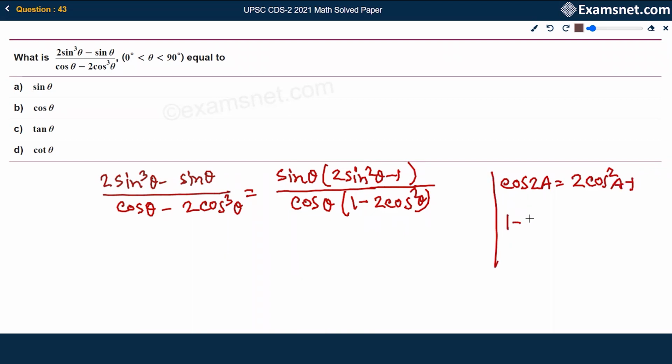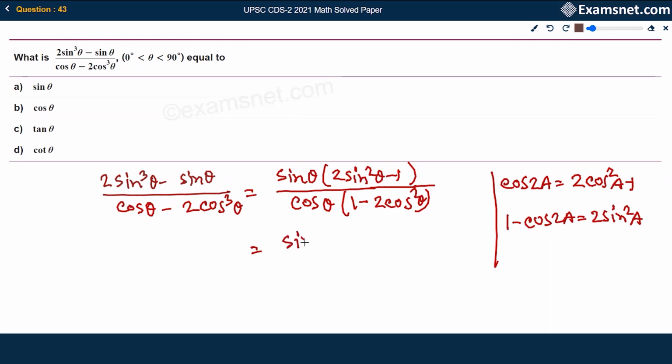Also we can write 1 minus cos 2a equals 2 sine square a. These are two formulas we are going to implement here. So look, 1 minus 2 sine square a is cos 2a.